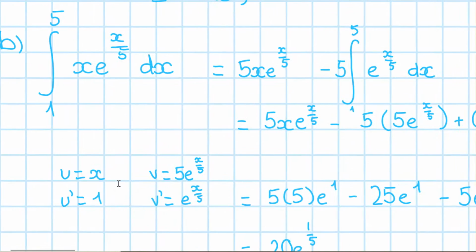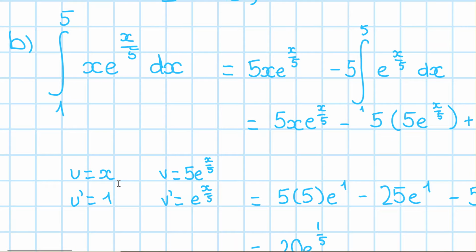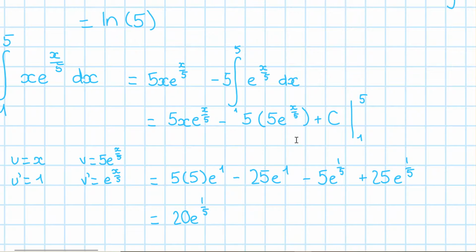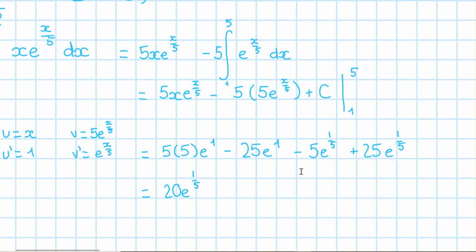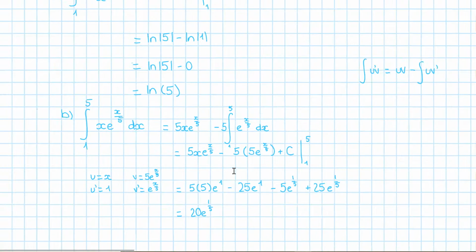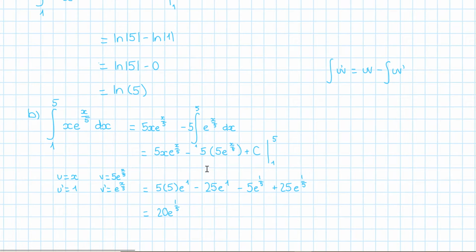In this case, it's a bit opposite: instead of putting x as that, I defined it as 1. And as you can see here, after the simple integration, I got 20 e to the 1/5, or 20 fifth root e. And that's my final answer.